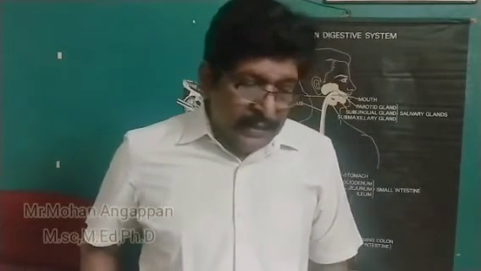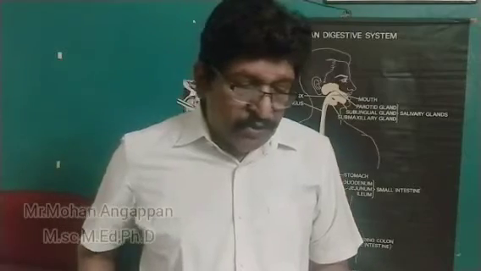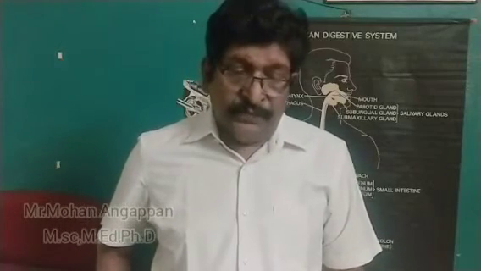Then the third gland we come to, but before that, we take up the gallbladder. The gallbladder is present in the liver. The gallbladder actually stores the bile. For the function of the gallbladder, you must distinguish here.